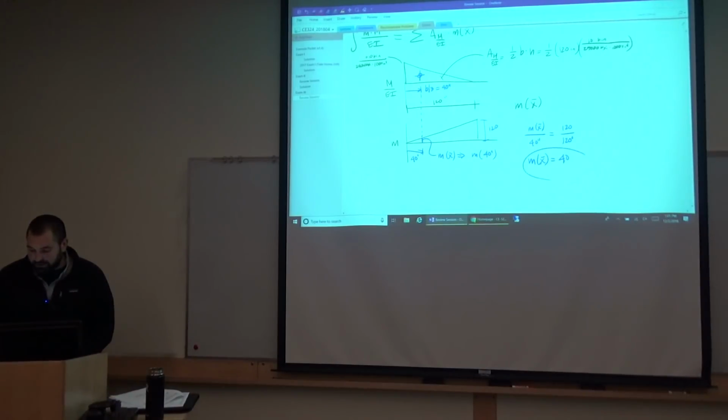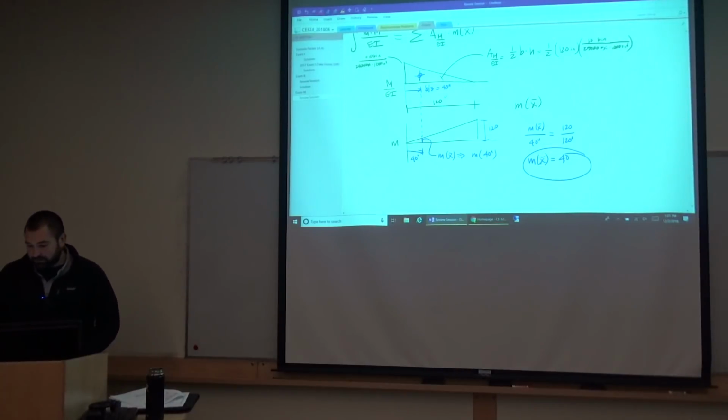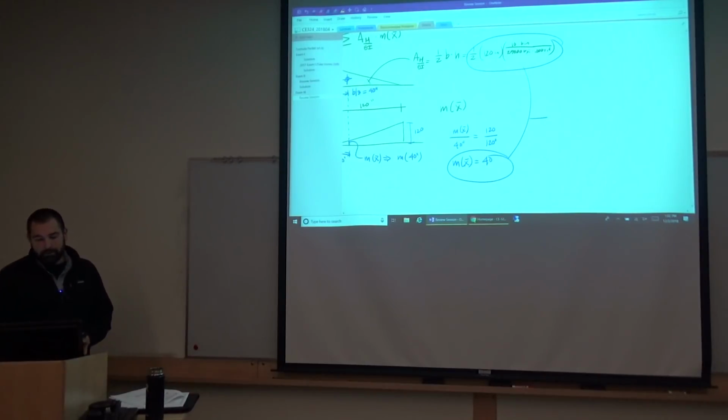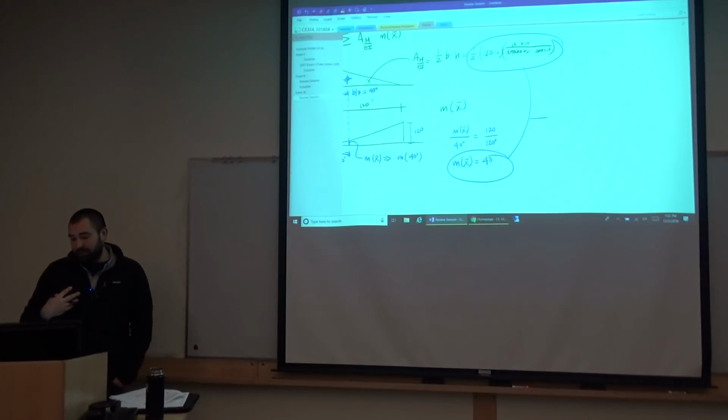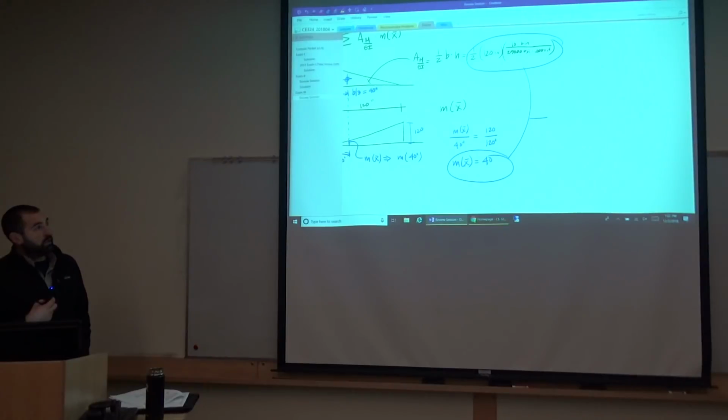So I would simply take this value and multiply it times this value up here. I would take those and multiply whatever this product is times this, and that would give me the same value as if I integrated the product of those two equations. Instead, I've just done it graphically.